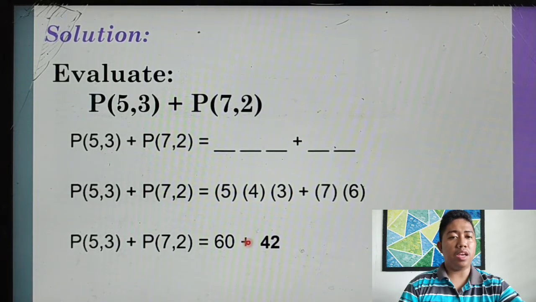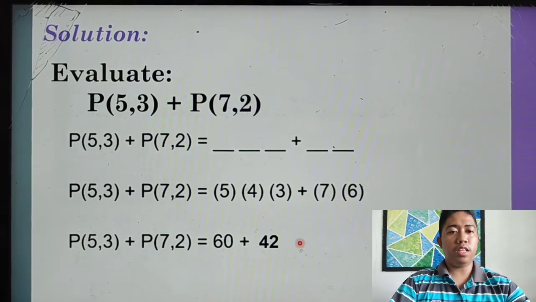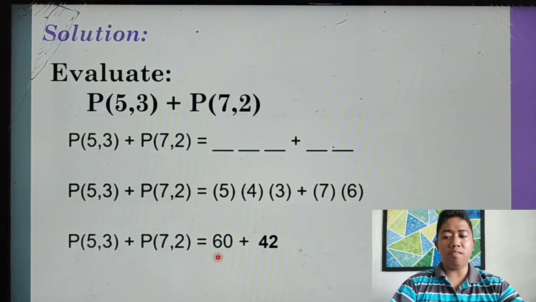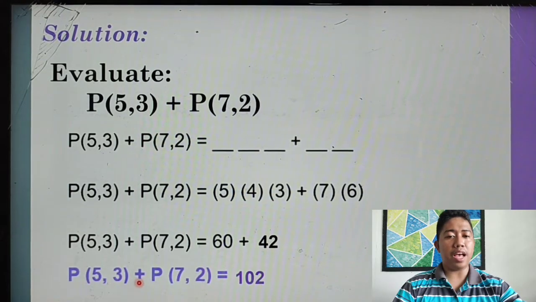And we add 7 times 6, which is equal to 42. And then you'll be able to get the sum of 60 and 42, which is equal to 102. And that is the value of permutation of 5 taken 3 at a time plus permutation of 7 taken 2 at a time. And that is the final answer. So we get the answer, which is 102.